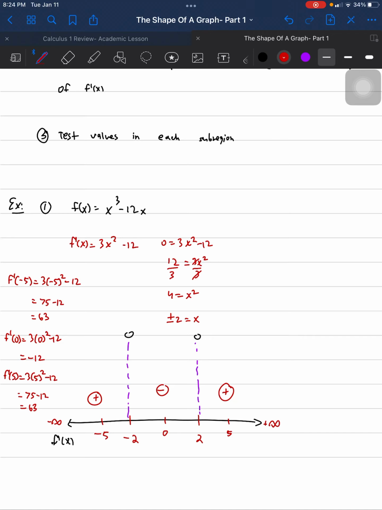Now that we've determined the signs of the derivative in each subregion, we can determine where the function is increasing or decreasing. Between negative infinity and -2, the function is increasing.